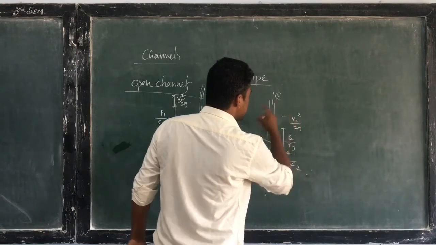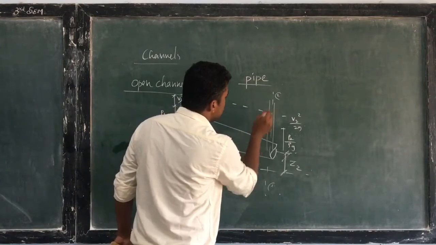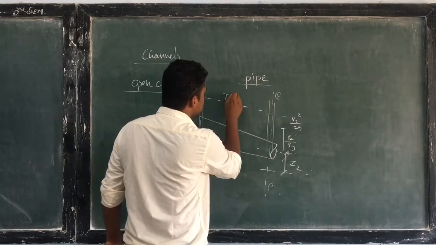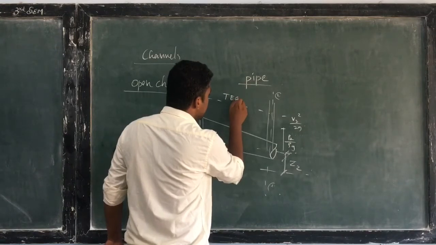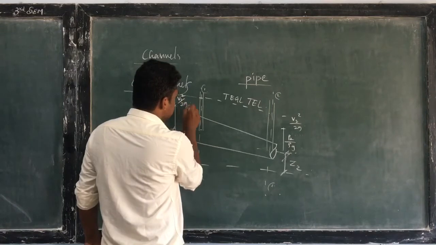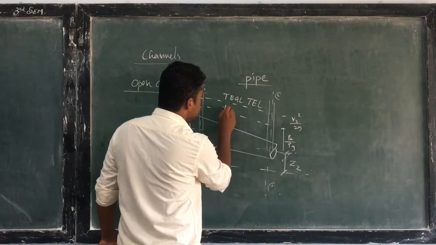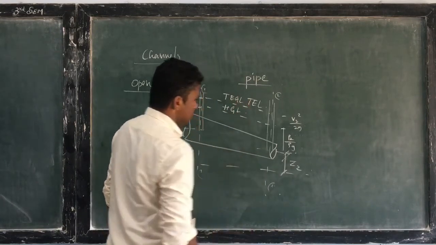I am not considering the losses. So this will be the total energy gradient line or total energy line, and this is the hydraulic gradient line.